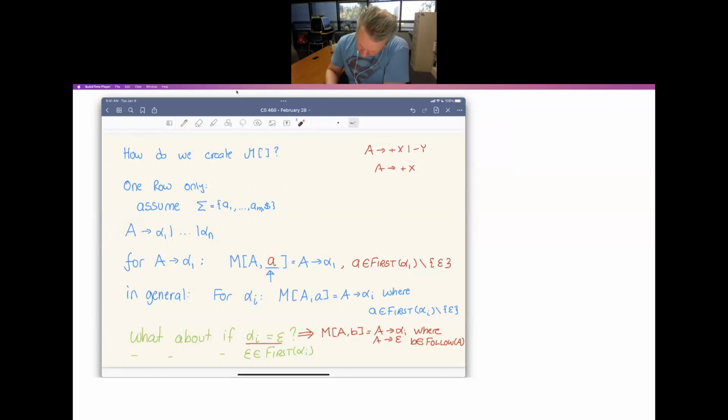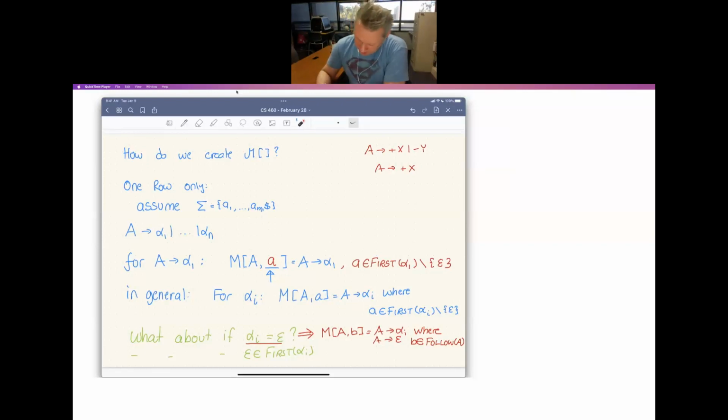Now, what about that stuff there? Well, we've already handled most of it, right? Because if epsilon is in the first set of alpha I, well, we took it out there, but we did actually use all the other elements that might have been there. So it's only the situation with the epsilon being in there that's the problem.